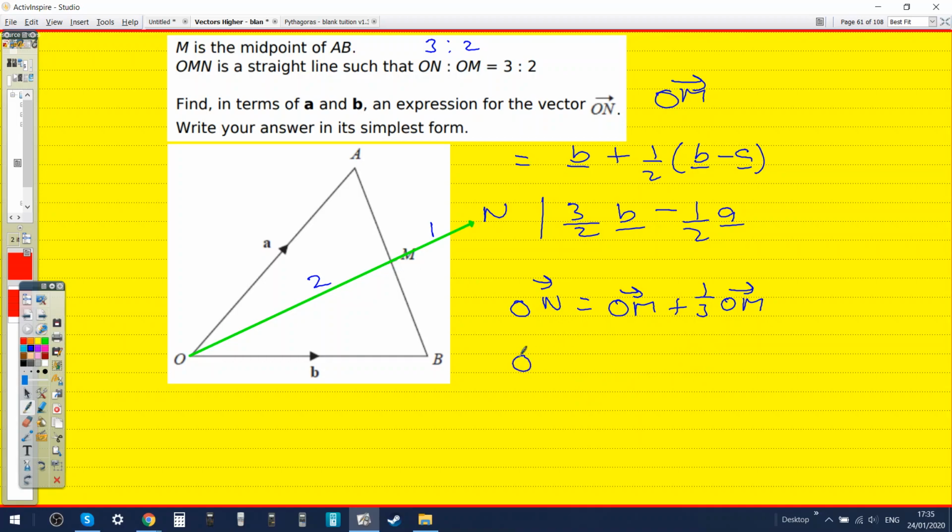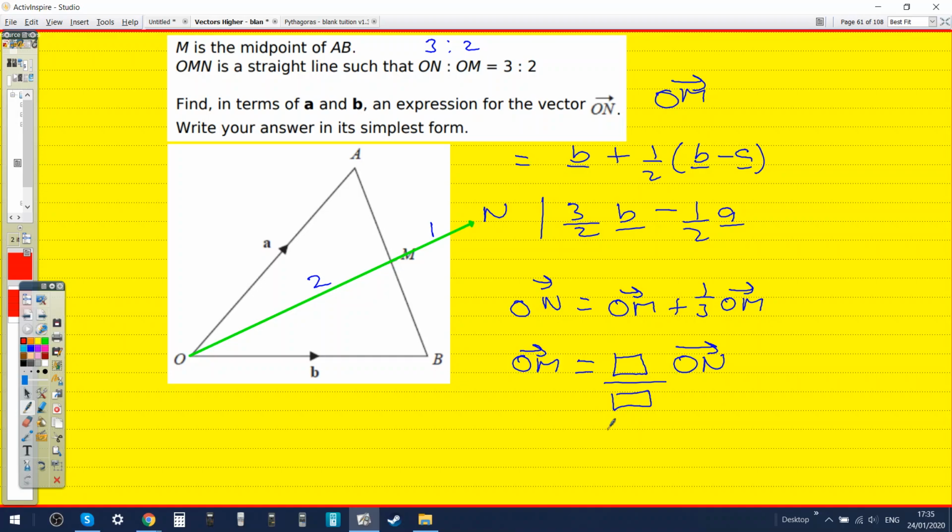What is O to M in terms of O to N? What fraction of O to N is O to M?